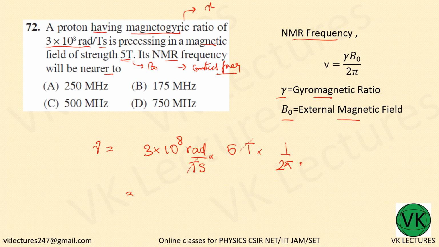So what is left is 3 into 10 to the power 8 into 5 divided by 2 pi, which is nothing but 6.28, into 1 by second or hertz. So this is equal to 150 by 6.28 into 10 to the power 8 hertz.